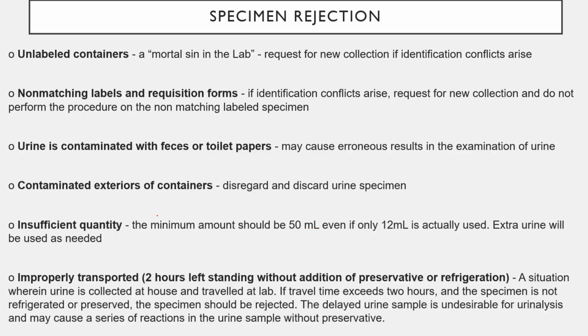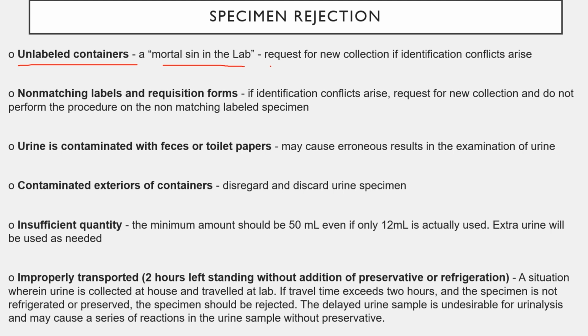Now let's continue. Now, when would you reject a specimen, class? The first rule, even when you reach your internship, even when you reach your real practice as medtech, class, don't forget this rule. Always reject unlabeled specimens or unlabeled containers. This is a mortal sin in our laboratory.